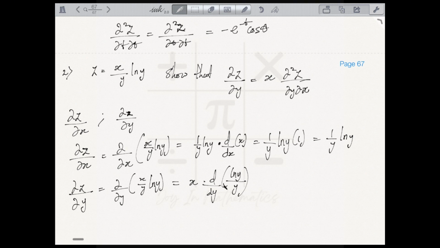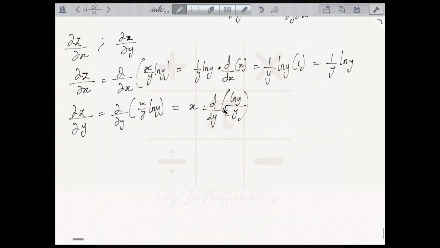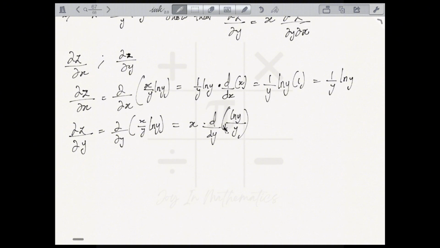Now in this case, we are going to apply the quotient rule to solve the differential of ln y over y. Let's recall the formula of the quotient rule, which is (v du/dx minus u dv/dx) divided by v squared. And now that we are using y, we can change this to y.